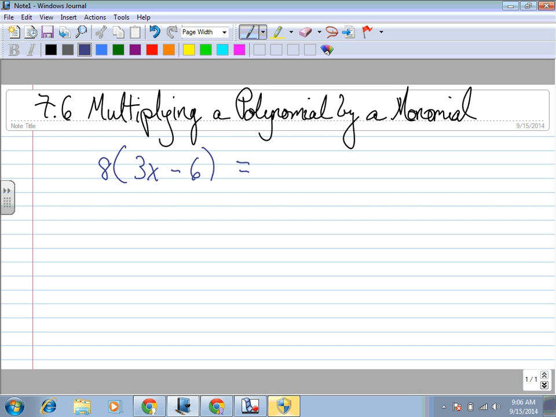Correct. 24x minus 48. Okay, 8 points, Crystal, plus 2 points for acquisition, so 10. Again, the distributive property. The 8 gets multiplied by the 3x, and you distribute the 8 to multiply by the negative 6. So you get 24x minus 48.